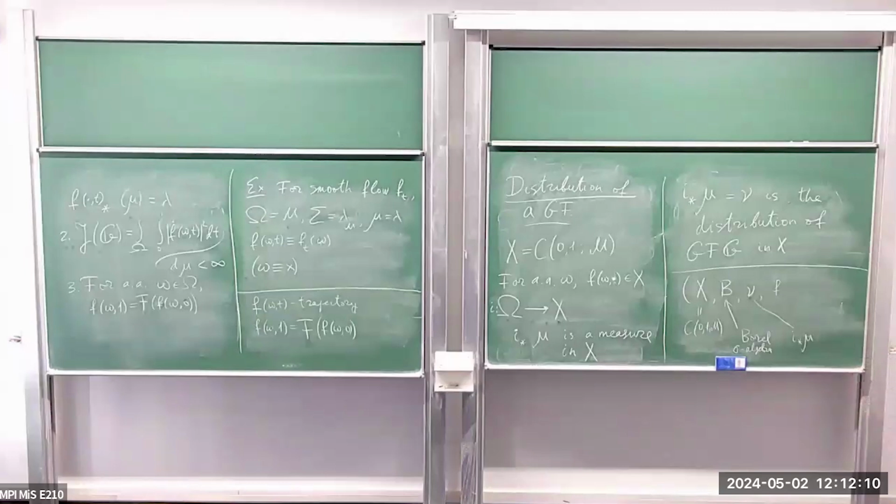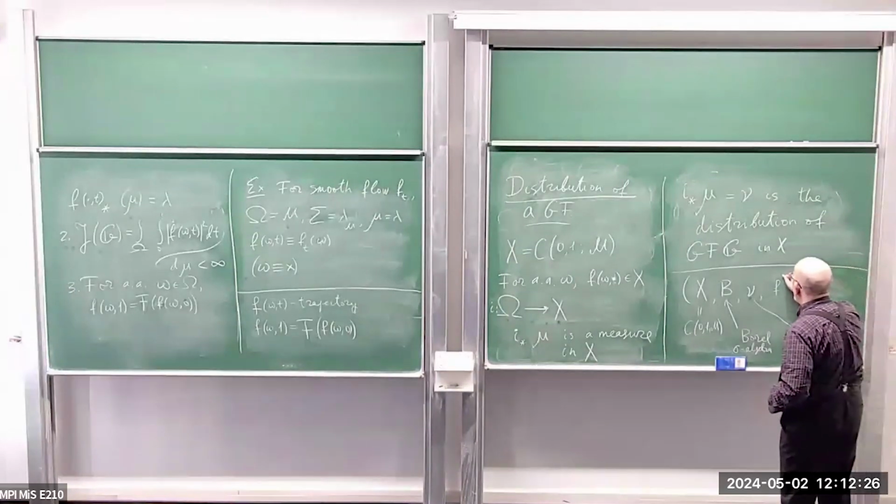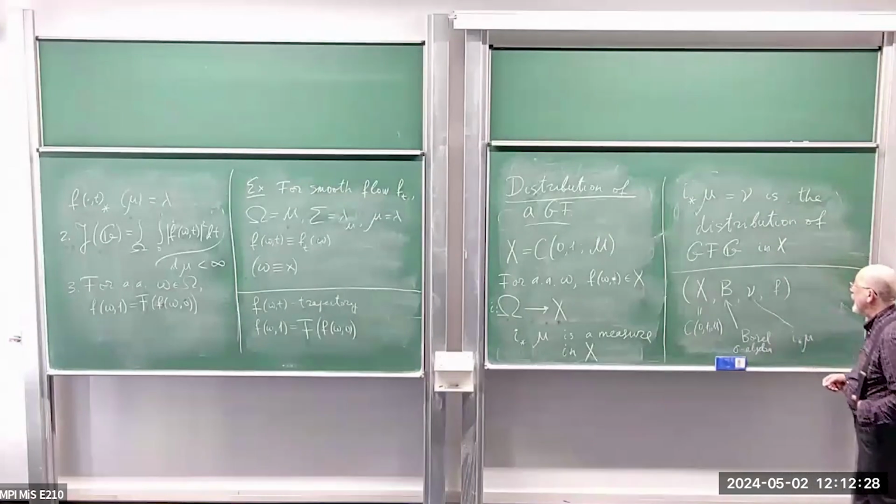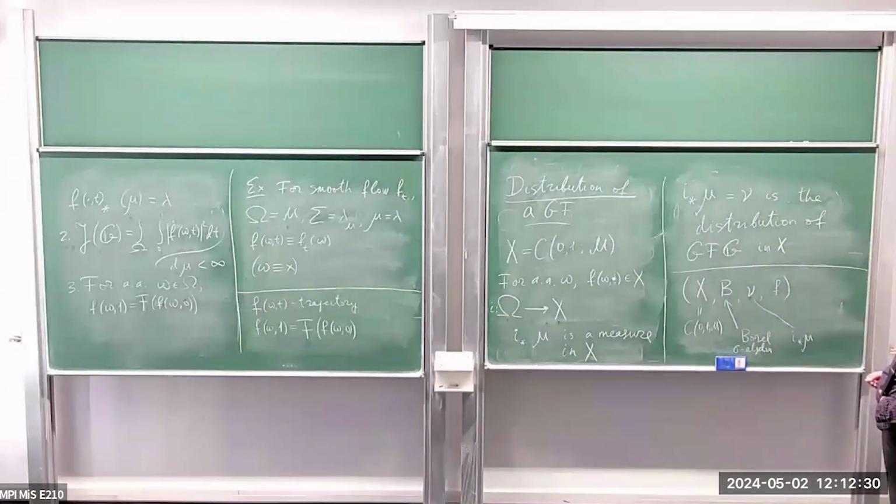So it is a sort of tautological map. You take the trajectory corresponding to this trajectory. It is exactly this trajectory. No, let us keep it denoted by F for some time.